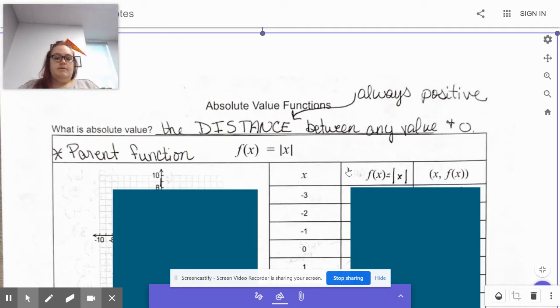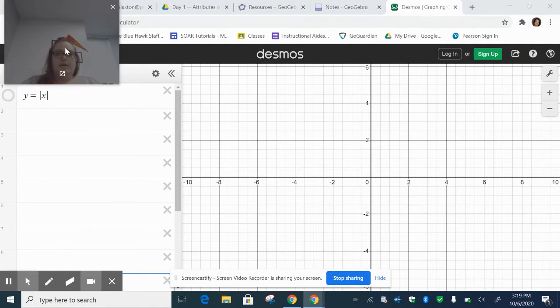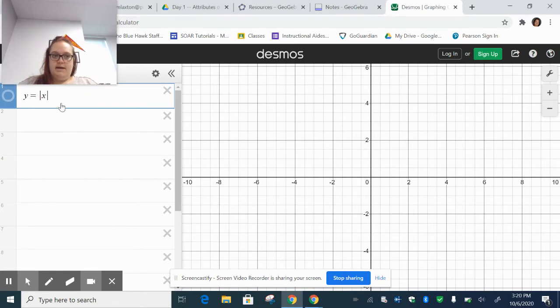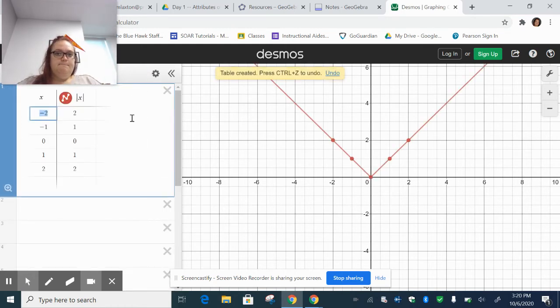So here's what I want you to do. I want you to go ahead and go to Desmos and type in the absolute value of x. I've already got it typed in there for time's sake. And then put a table in there.